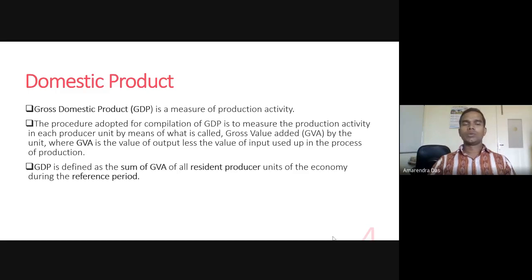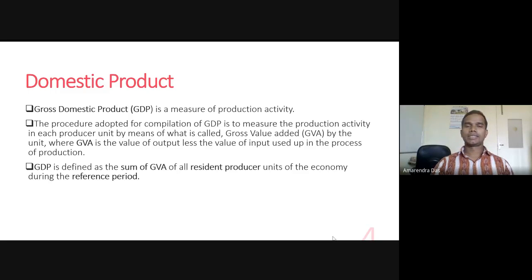And when we want to derive the gross domestic product, we have to aggregate all the gross value addition of all the resident producer units of the economy during the reference period. So here the key words are: GDP is a summation of the gross value addition. And who is doing this value addition?